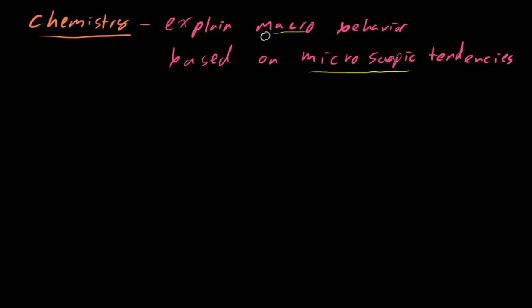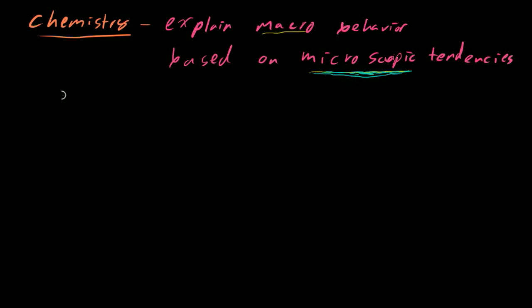It looks like the aluminum foil gets used up, and that is an observable behavior. It's something that we can very much see. It's a macroscopic behavior, and we're going to explain that based on microscopic tendencies and based on things that we are at least going to talk about at the microscopic level.